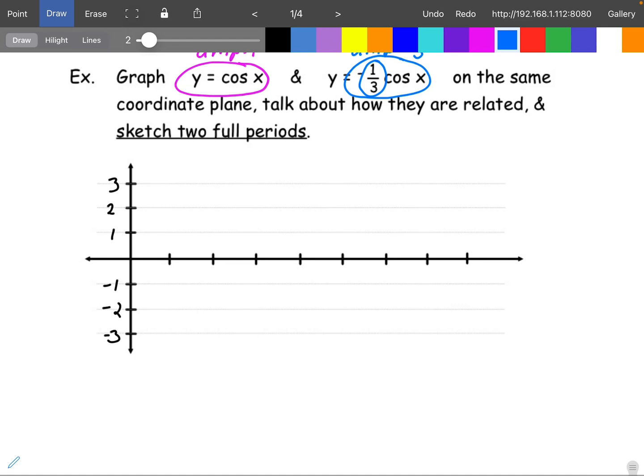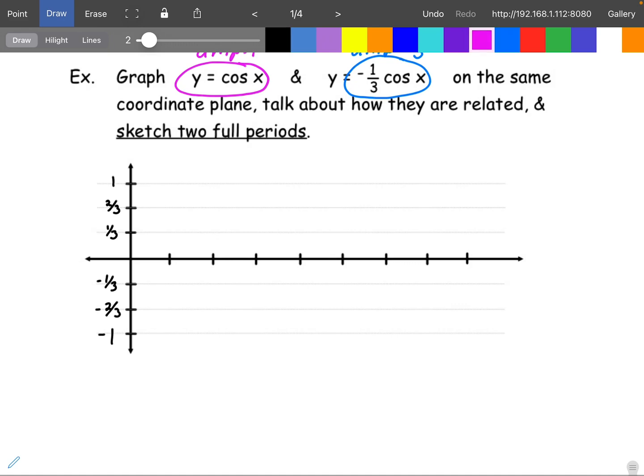So I'm actually going to think ahead, and instead of going 1, 2, 3, I'm going to make this 1 and this -1. Then when I shrink my graph down, I can use those nice, neat lines. So this would be 1/3, this would be 2/3, this would be -1/3, and this would be -2/3.